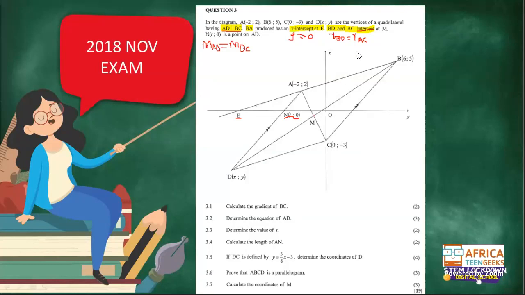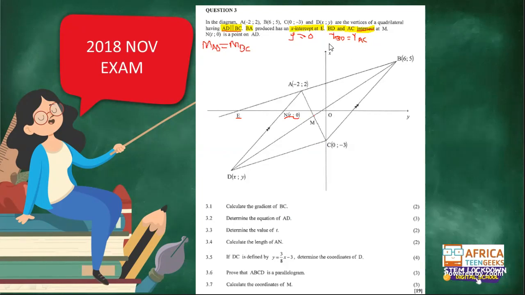It shows that you have done problems and you can see that we also have a midpoint in certain cases. From our information, we know that the gradient of AD is equal to the gradient of BC. We know we have an intercept at point E and also at point N. And we also know that an x-intercept means y equals 0.